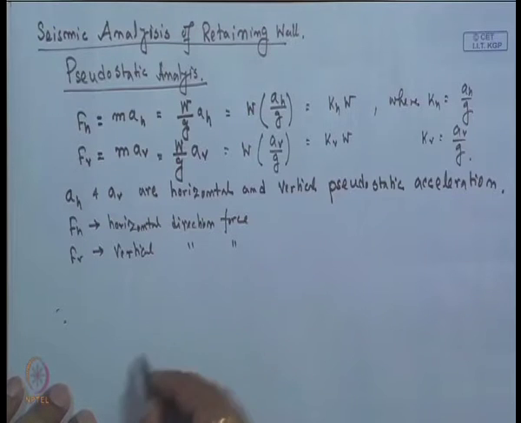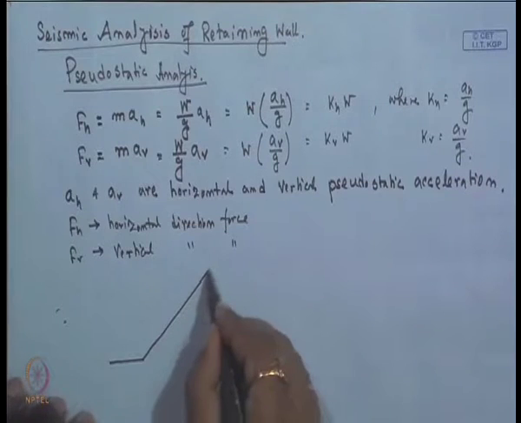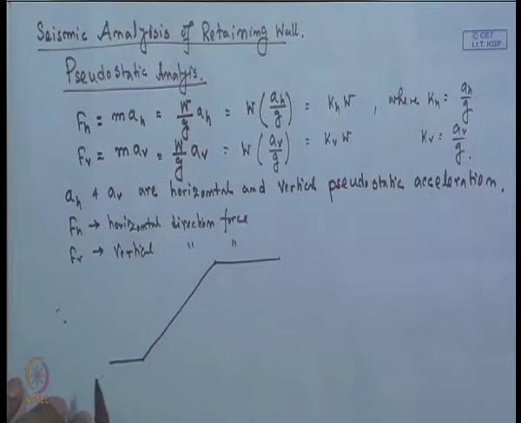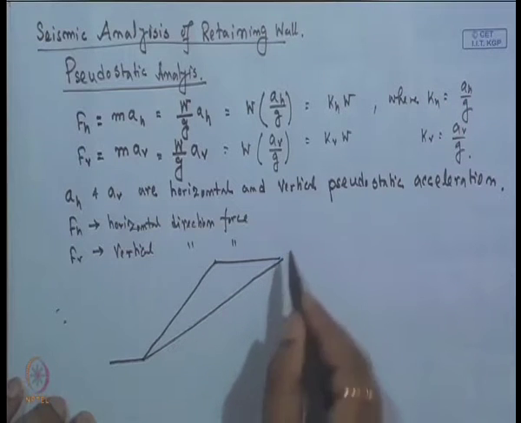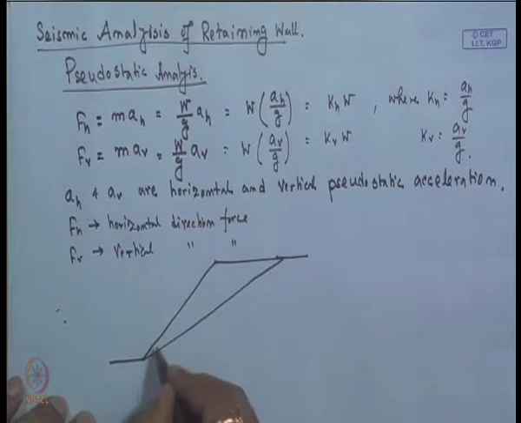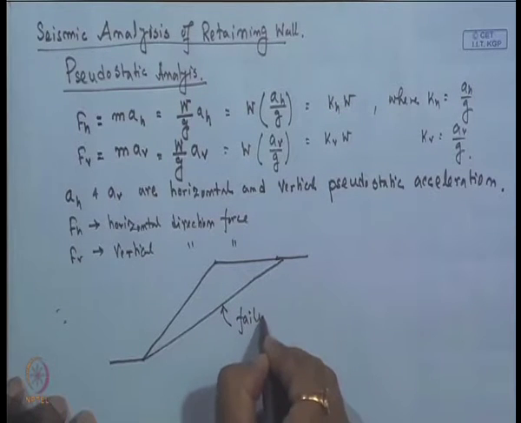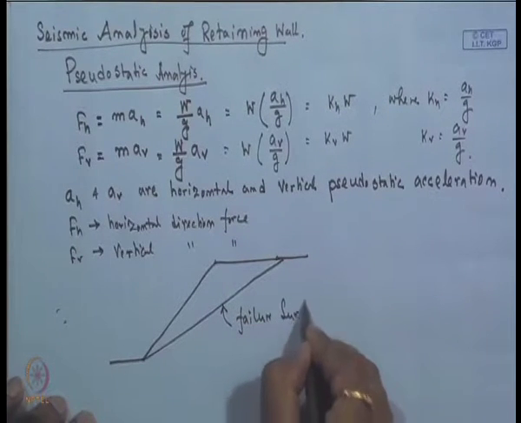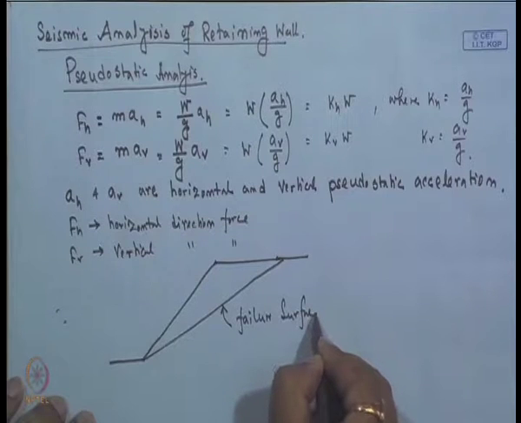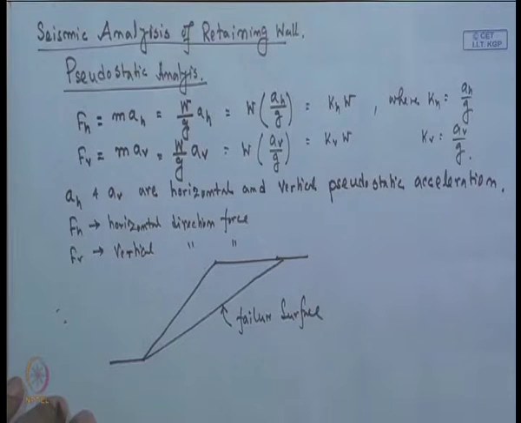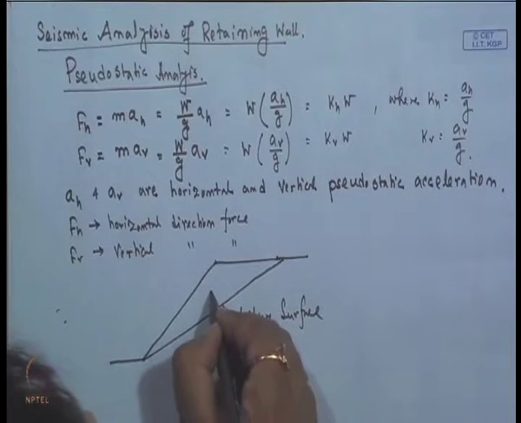Now, if I draw a free body diagram of any mass, suppose this is a slope and this is the failure surface. This is the slope and this is the failure surface.